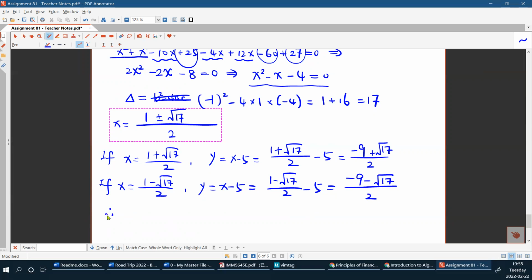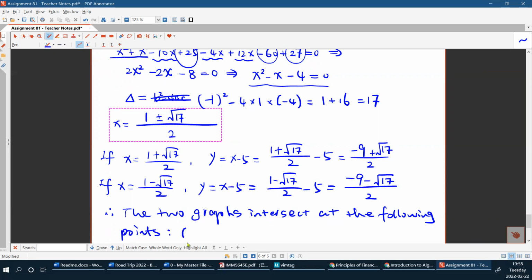Therefore, we can make the conclusion. The two graphs intersect at the following points.